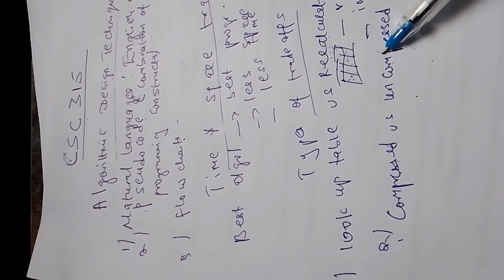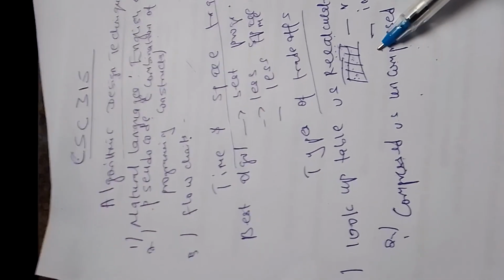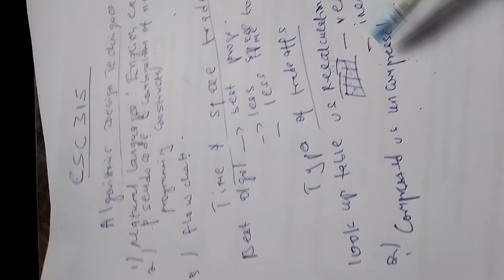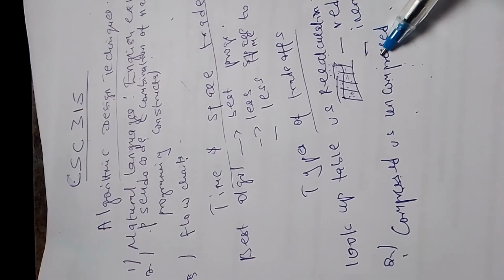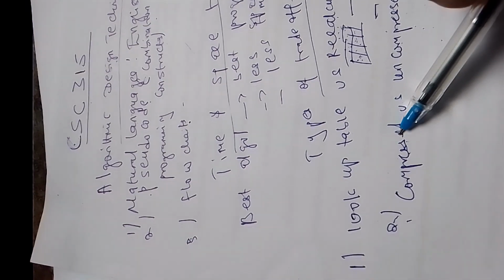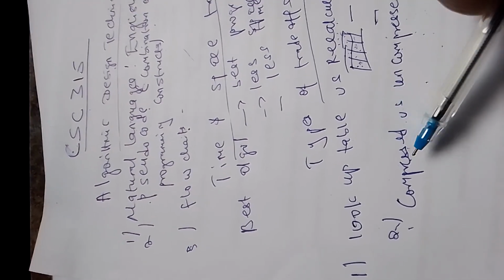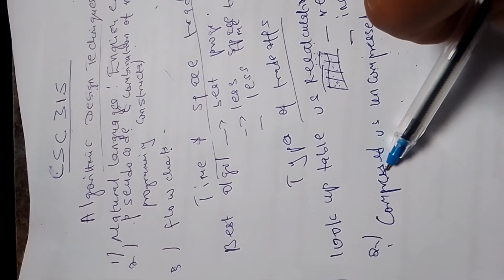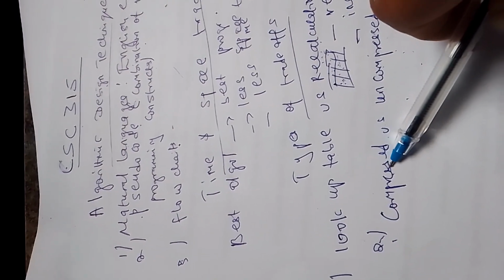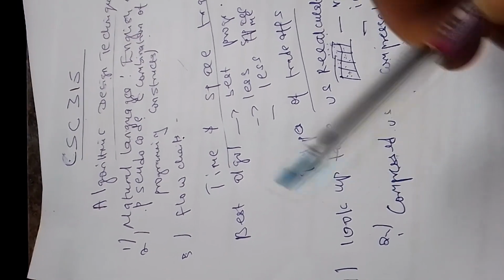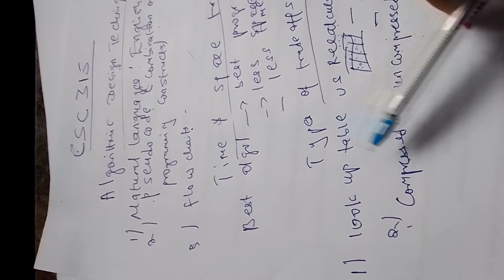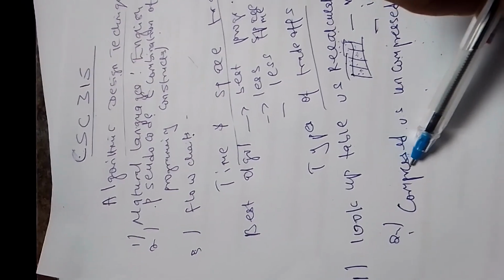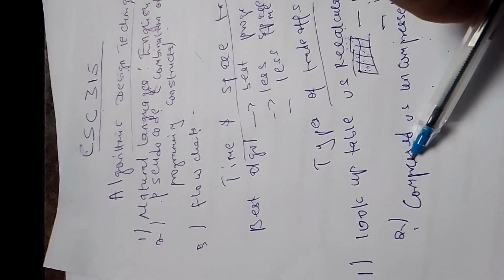When it's uncompressed, it takes more space, but the good thing is that during execution it does not take extra time. Whereas with compression, you are saving memory, but during execution it takes more time. When you compress your document, it saves space, but when you want to unroll and disclose what you have in your compressed file, it takes time. Like WinRAR, it takes time. There are many of them.